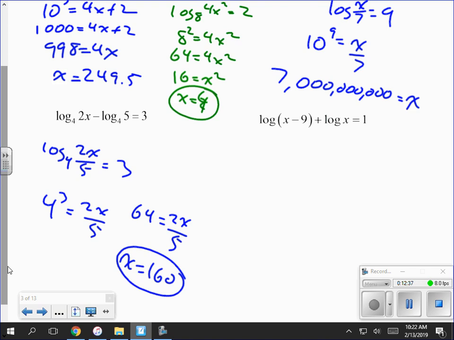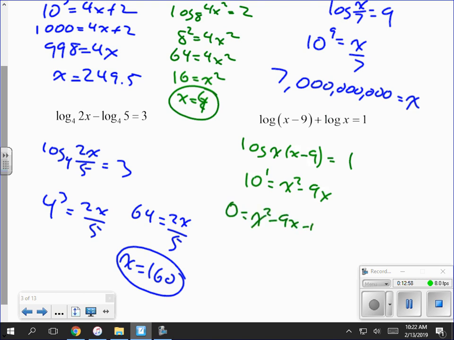And the last example, once again, you multiply them together. So I get the log of x times x minus 9 is equal to 1. Loop it. 10 to the first is equal to x squared minus 9x. Subtract 10 from both sides. 0 equals x squared minus 9x minus 10.